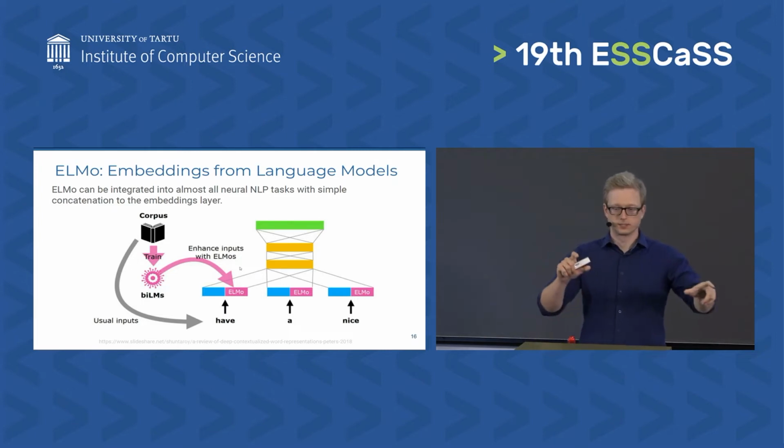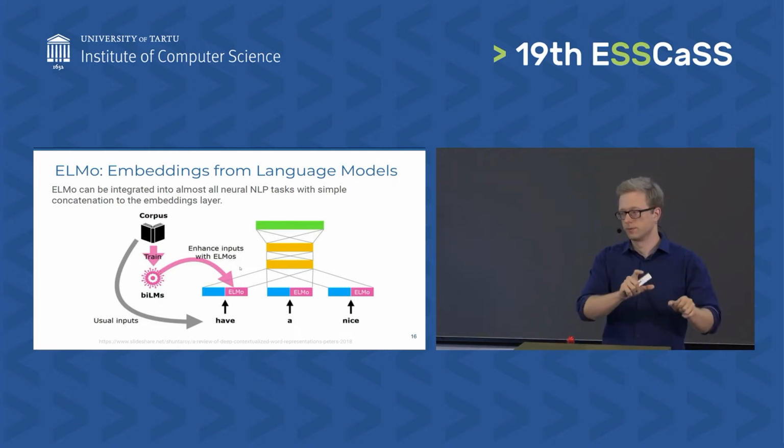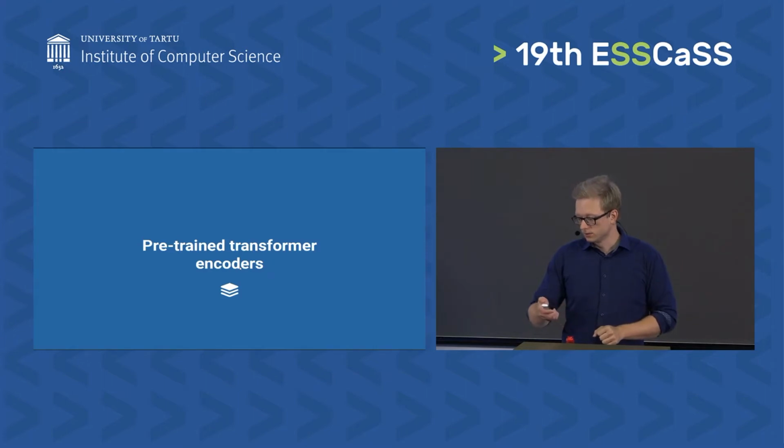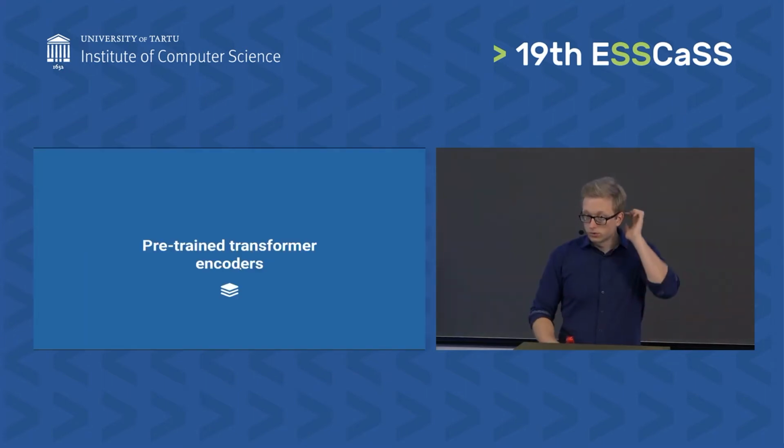So now we can just concatenate a vector from ELMo to each of those representations, and the model probably starts working better just because now it has contextual word representations that have been pre-trained on some other data set. So that's a quick tour of the background.